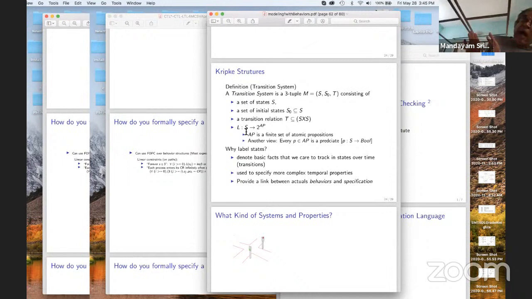Now, I told you that even for infinite state systems, as an aside, I mentioned that if you restrict yourself to a finite set of labels, there is a way that you can abstract an infinite state system as well. But let me get to that.